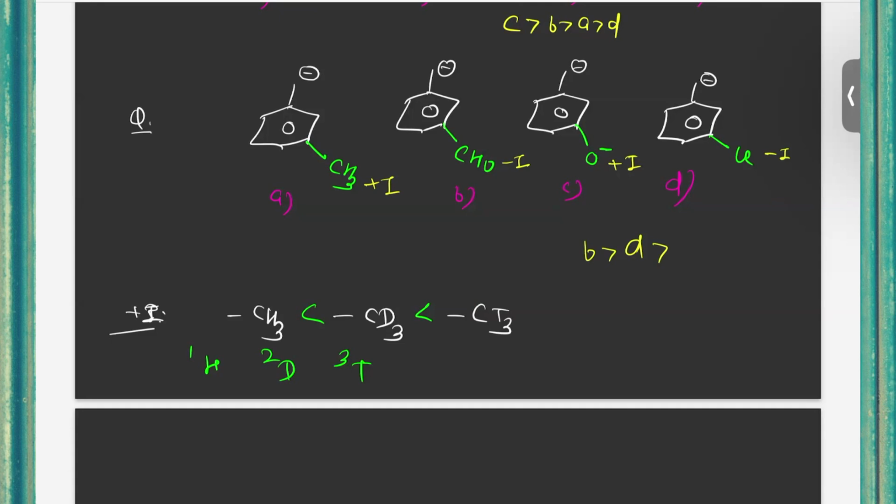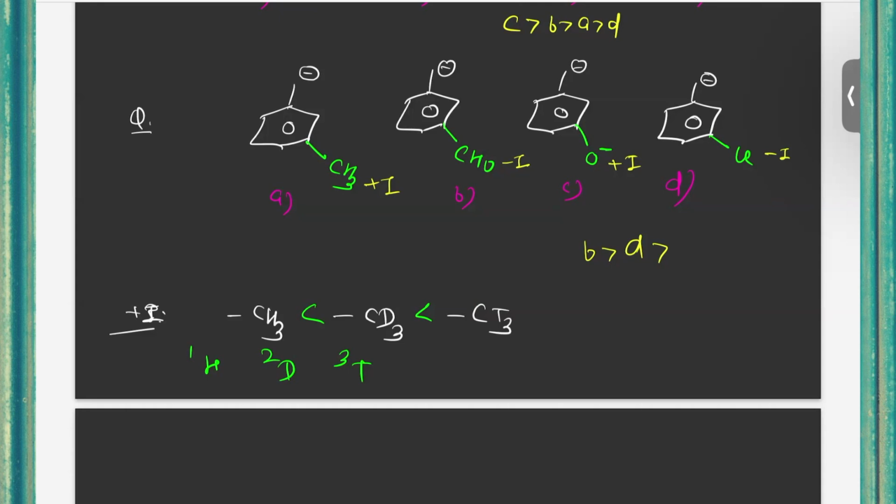Now, how to compare the plus I? Now, you tell me one thing here. CH3 is the carbon which is having plus I. O negative is also plus I. But negative charge ion will donate even more electrons because that is a negative charge. That is having more electron density. That is having extra electron.